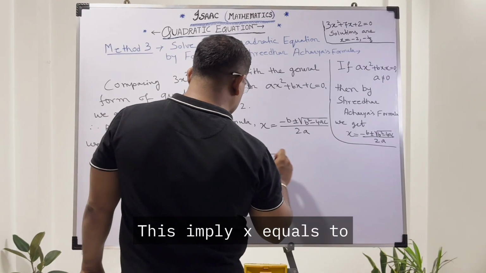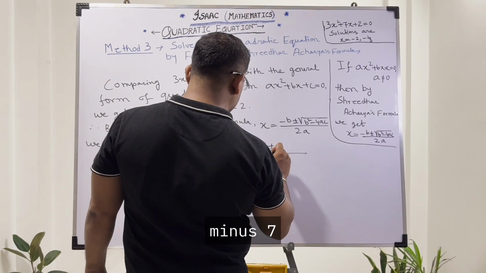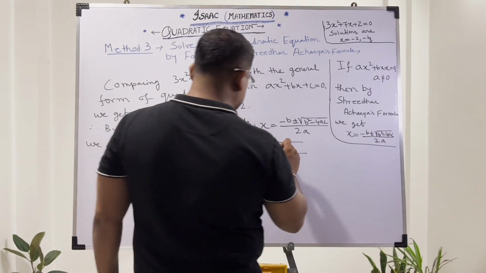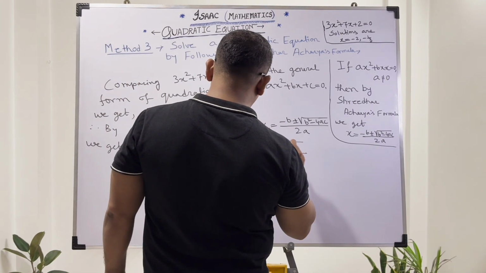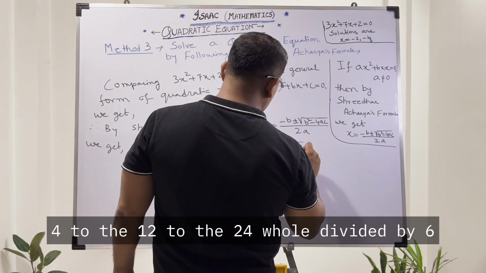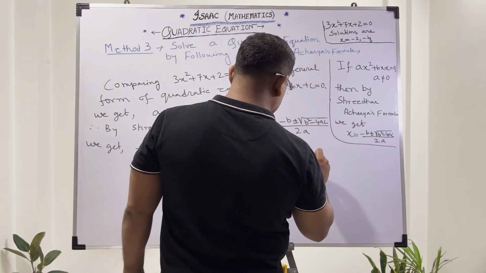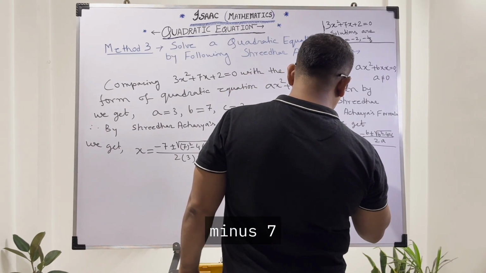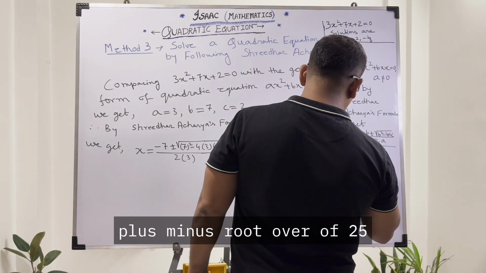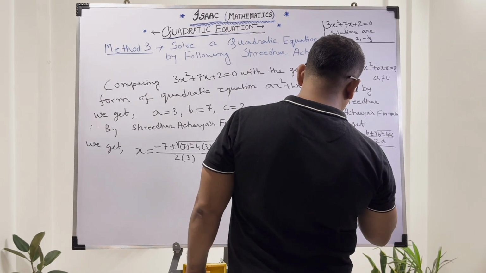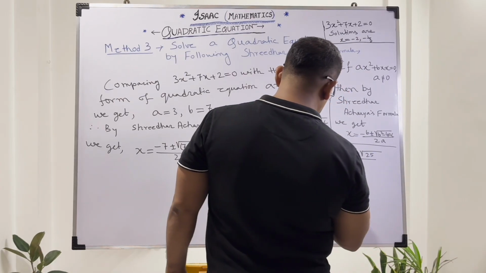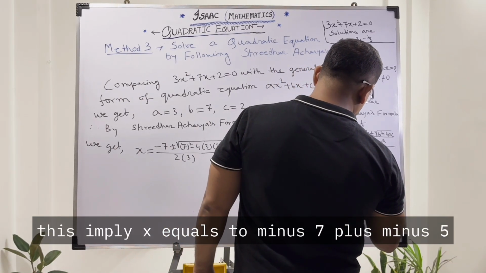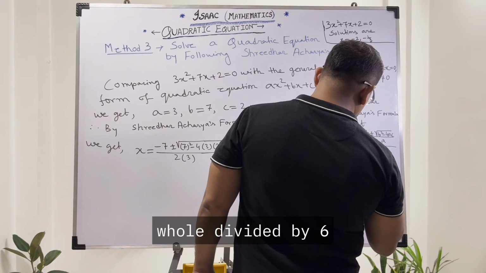This implies x equals to minus 7 plus minus root over of 49 minus 4 3 is 12, 12 twos are 24, whole divided by 6. This implies x equals to minus 7 plus minus root over of 25 whole divided by 6. This implies x equals to minus 7 plus minus 5 whole divided by 6.